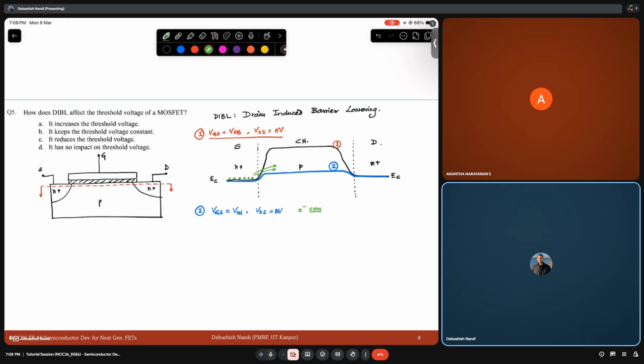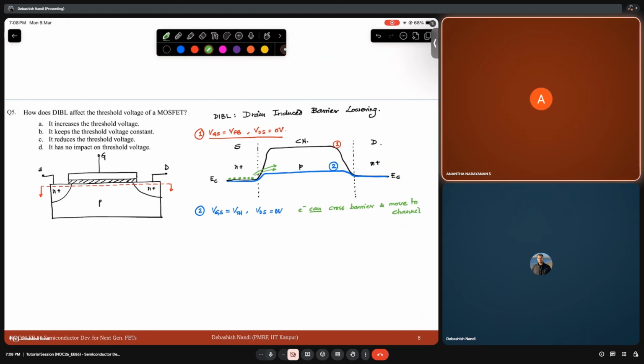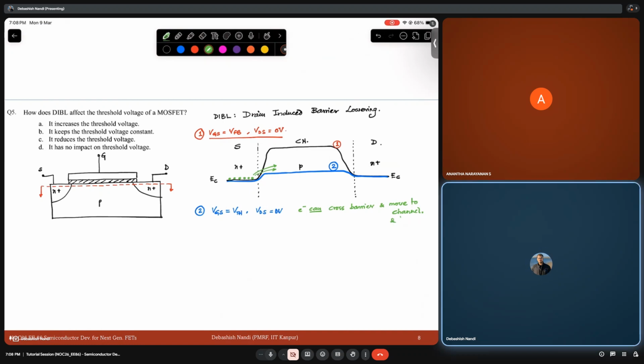No. Electron can cross the barrier and move to channel and to drain. So this barrier, what barrier are we talking about? Source channel barrier. Okay.